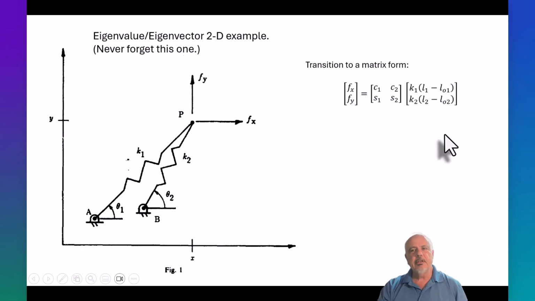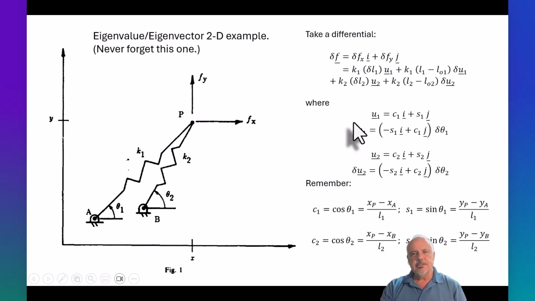Okay, so putting this into a matrix form, very easily I could have the 2 spring forces in a 2x1 multiplied by a 2x2 matrix to give me that static force, Fx and Fy. What I want to do is think about taking a differential of that. A differential is similar to a derivative, you just don't have the with respect to.